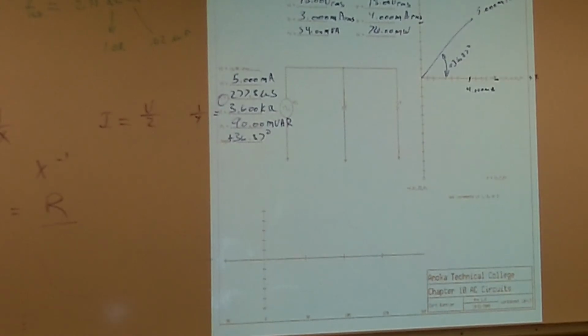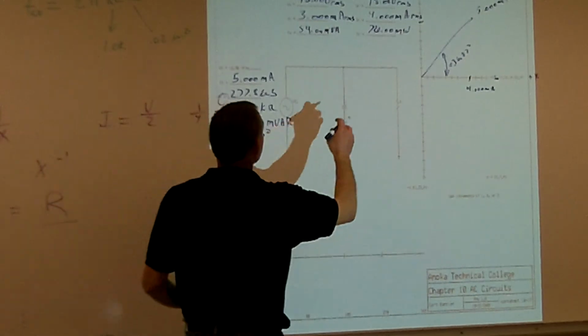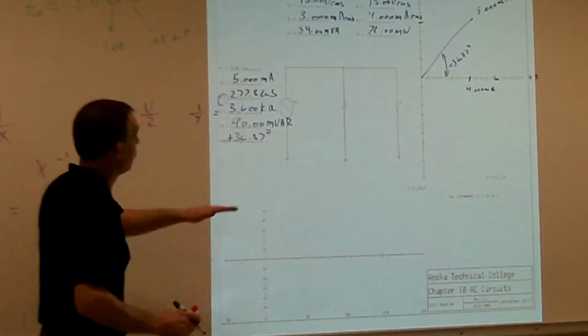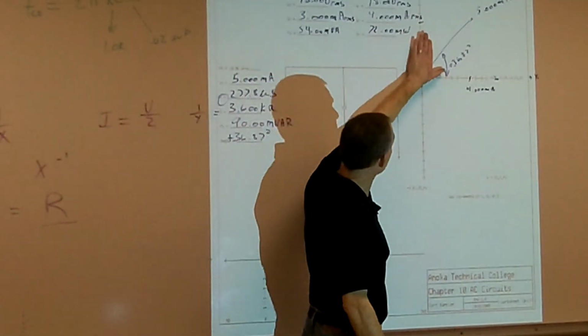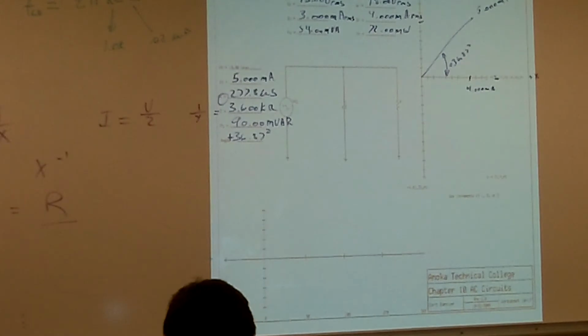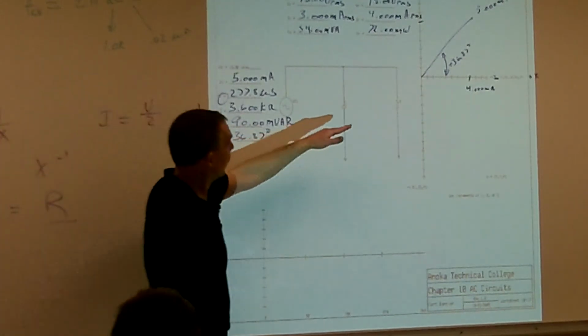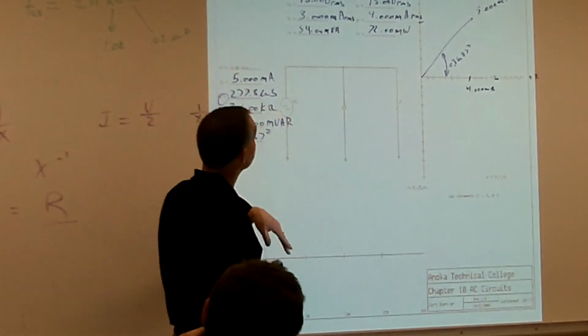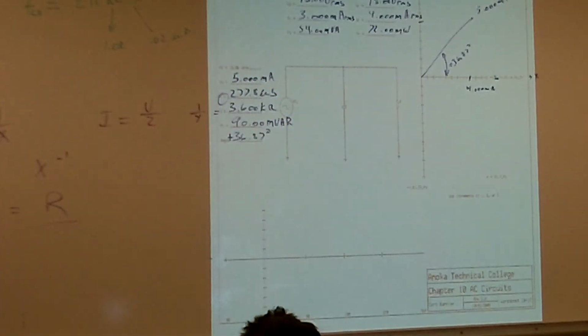I got 72. That's what I would think too, because the other one was only 54. We know we're pretty close to 45 degrees, so those two would have to be nearly equal. At 45 degrees, our two currents going across each branch would be equal.